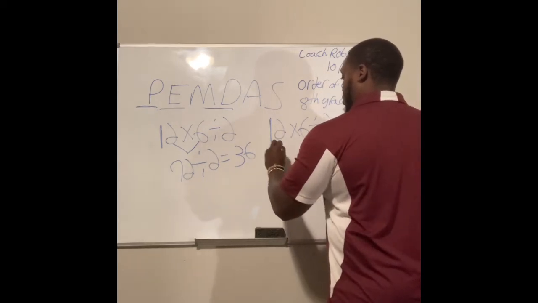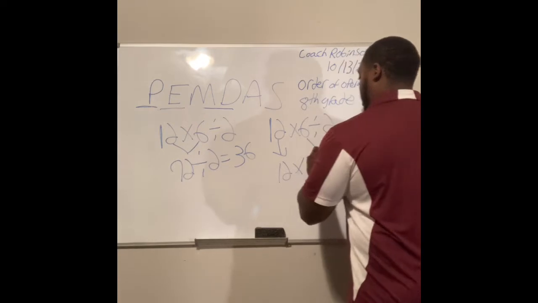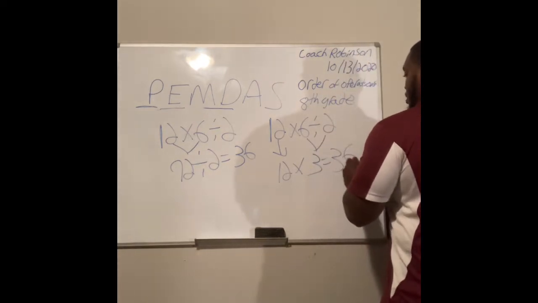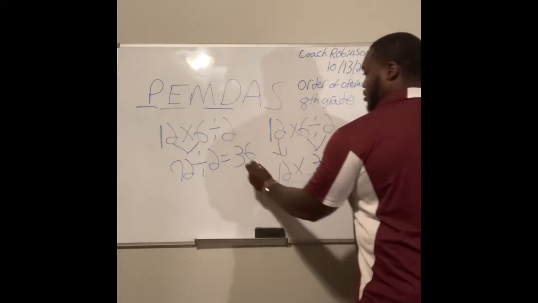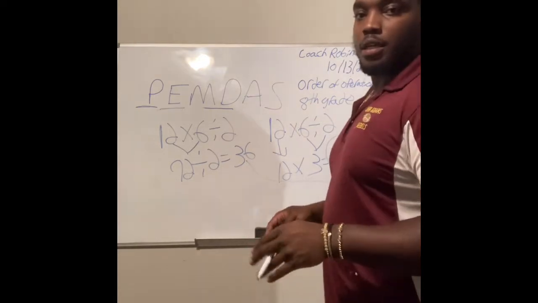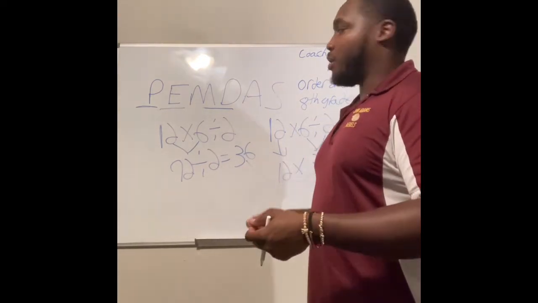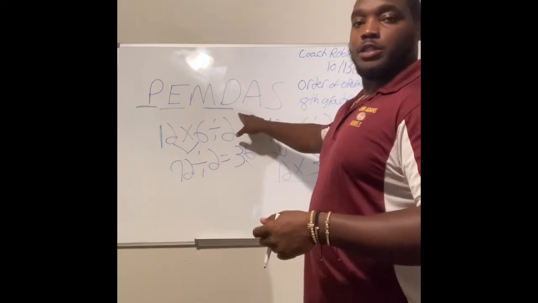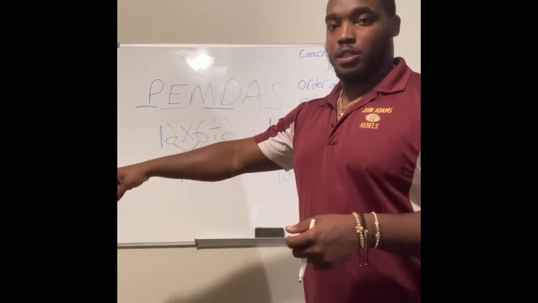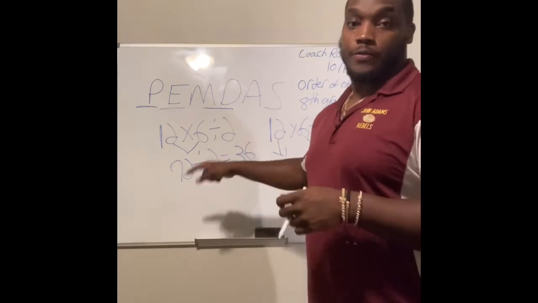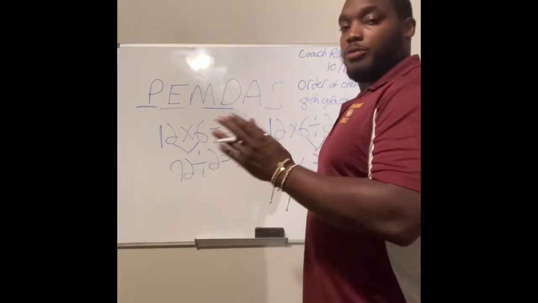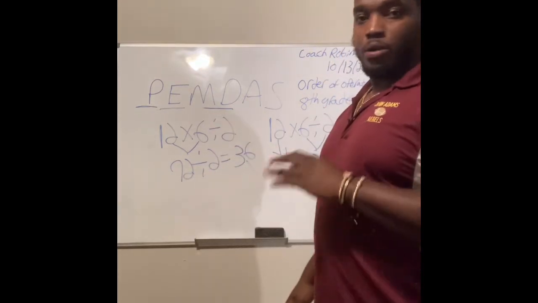And if you drop your 12, 12 times 3 is 36. So you'll get the same answer. So whenever multiplication comes before division, it's okay. It don't matter which order you do it. The only problem is whenever division comes before multiplication, you have to do the division first and work the problem from left to right. And if you remember that, you'll never get it wrong.